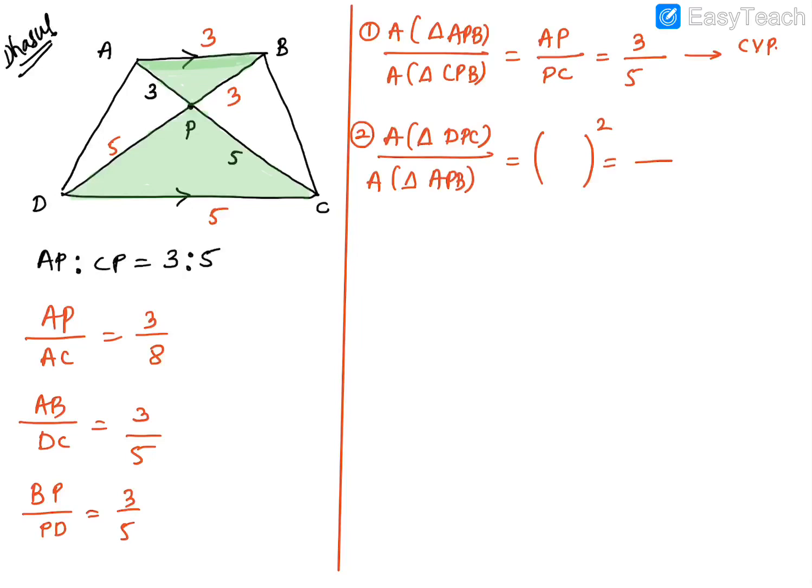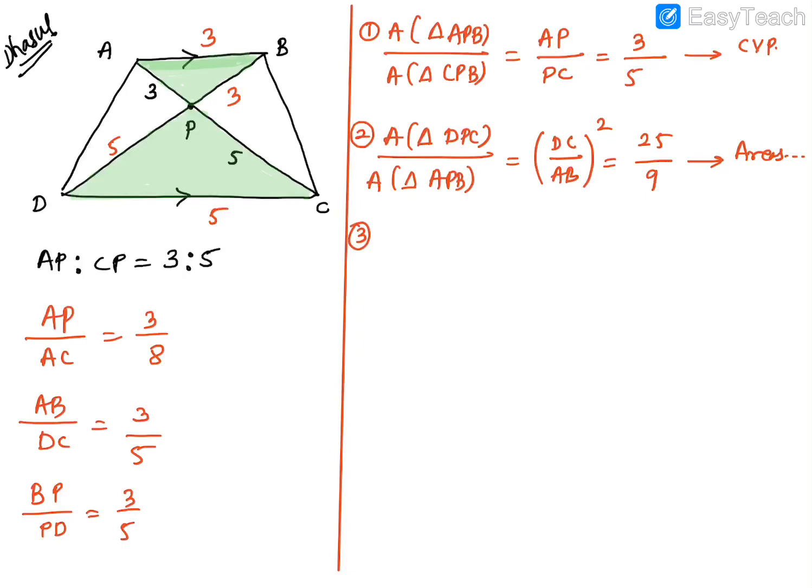What is the answer? What would be the reason for this? Areas of two similar triangles. So see, these are similar triangles now. So what is the side of DPC we will take? DC, and corresponding side here is what? AB. So DC is 5, AB is 3. 5 upon 3 squared is what? 25 upon 9.